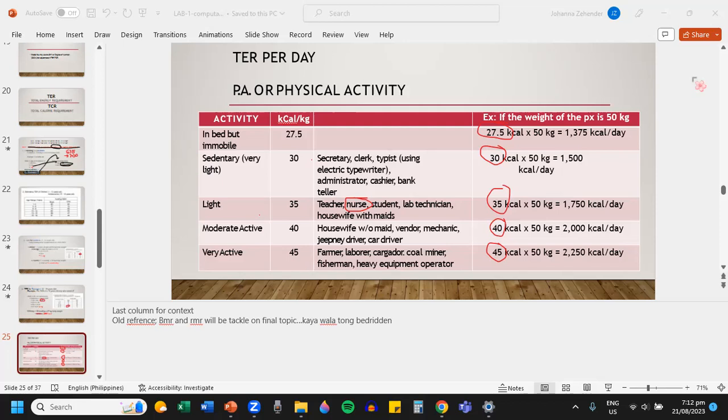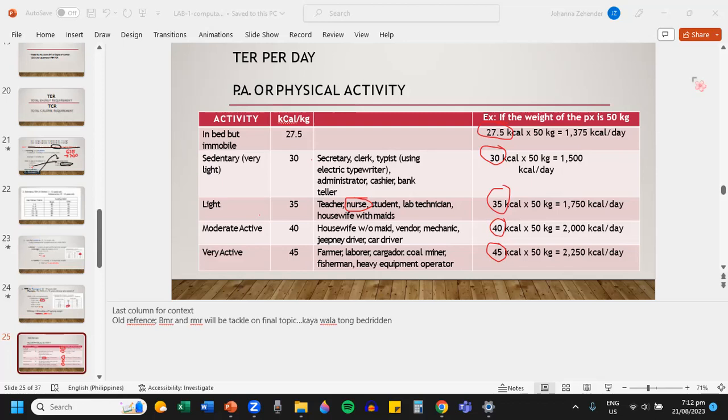Professions under this classification include secretaries, clerks, typists, especially those using electric typewriters, administrators, cashiers, and bank tellers. Next, we have light activity, which is equal to 35.